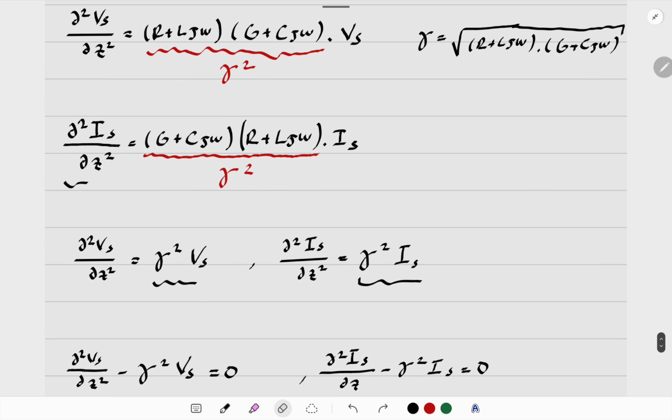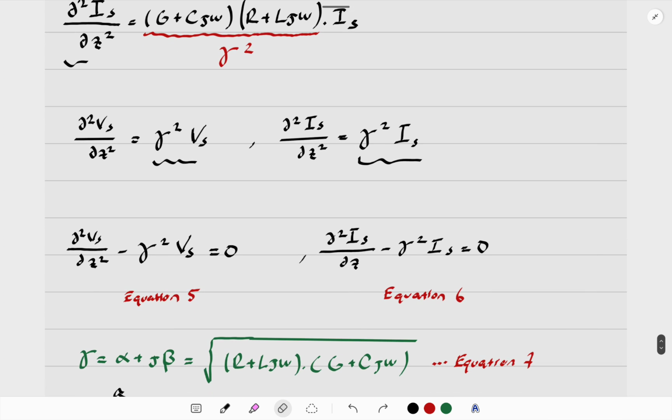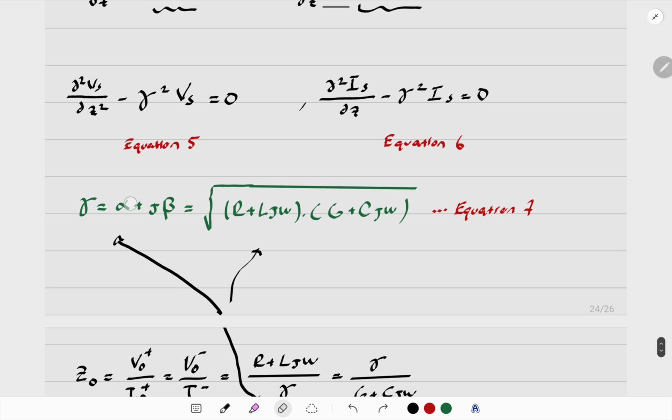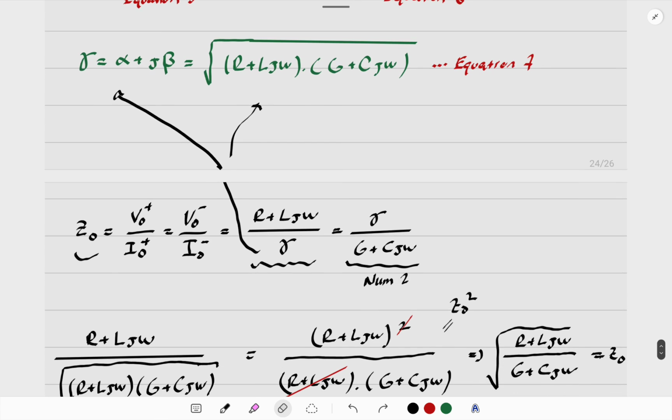By using this simpler approach, we got equations 5 and 6. It is the same, and alpha plus j beta equals the square root of this equation over here. It is actually very easy to understand until here, equation number 7.